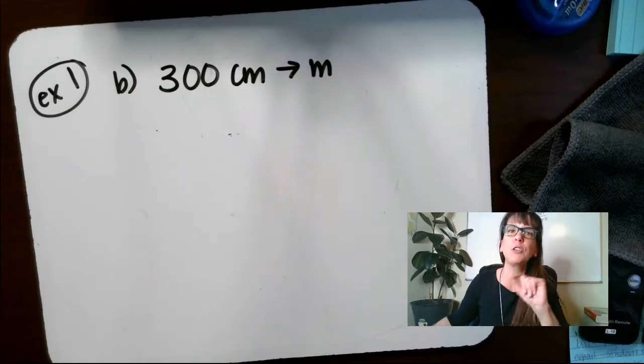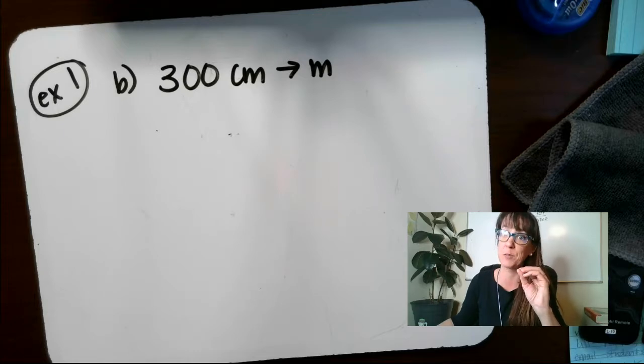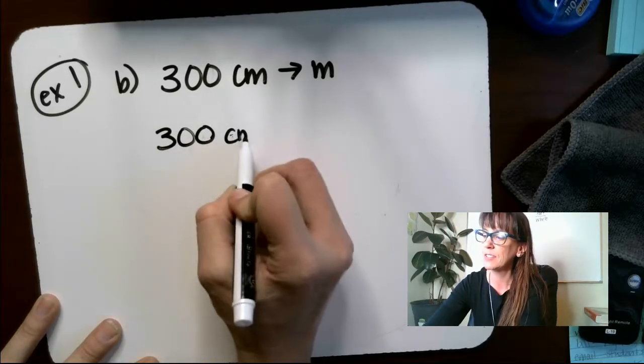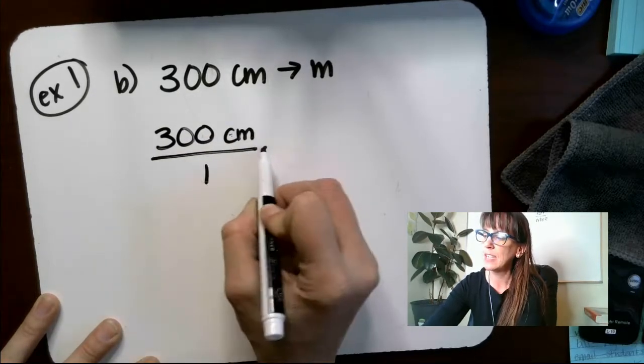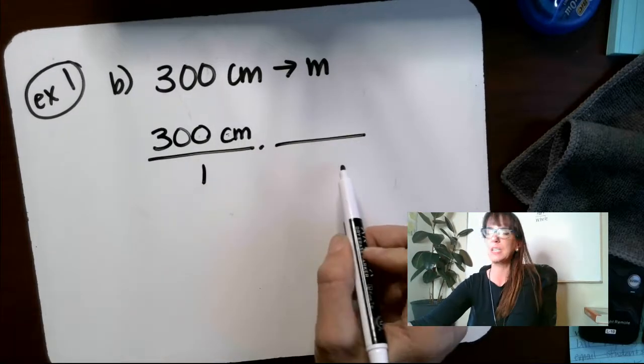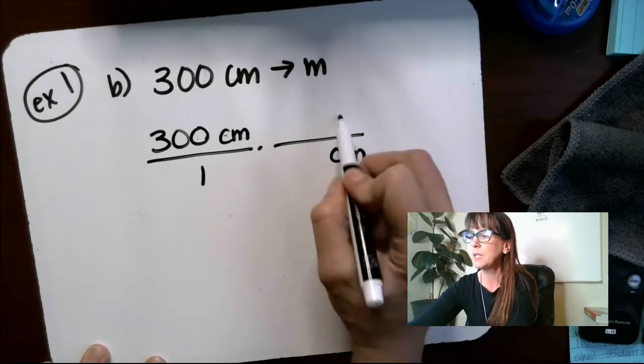Guys, I'm gonna show you the unit conversion way of doing this, and it sounds like a big pain, but my 8th graders will tell you, and my algebra kids will definitely tell you, you need to know how to do this. So the way that you do it is 300 centimeters divided by 1 times, on this side, what you want is this unit on the bottom, because on a fraction, we can cancel out a top and bottom. This is centimeters, up top is meters.